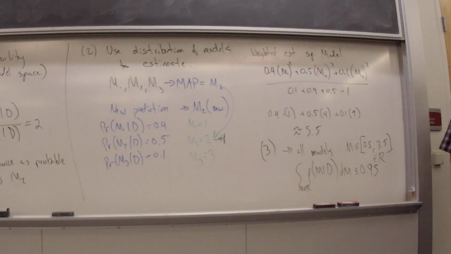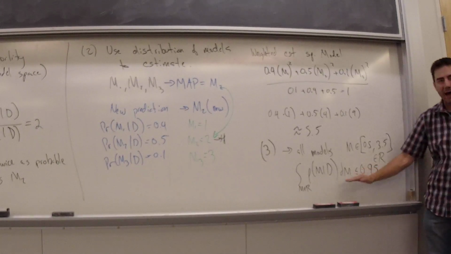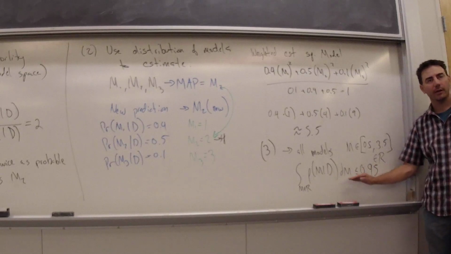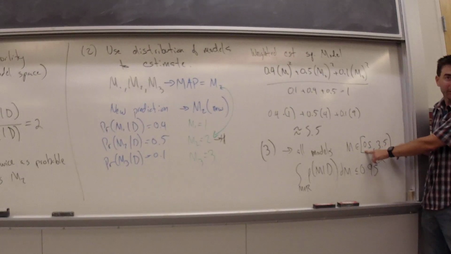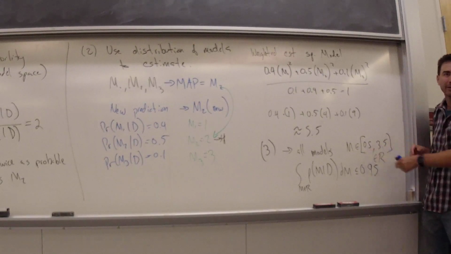And this is saying that with 95% probability, the model will be between 0.5 and 3.5. Right, that the right value of the model is in there.